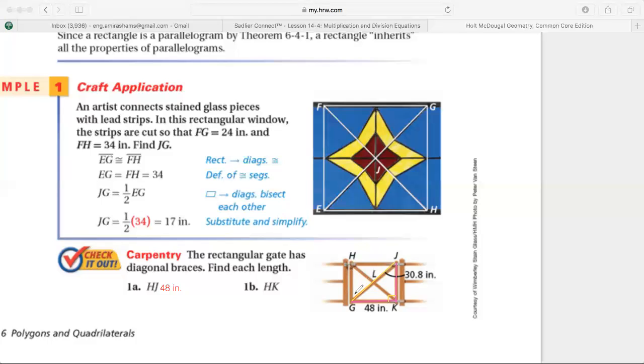So the hypotenuse, JG squared, is equal to JK squared plus GK squared.